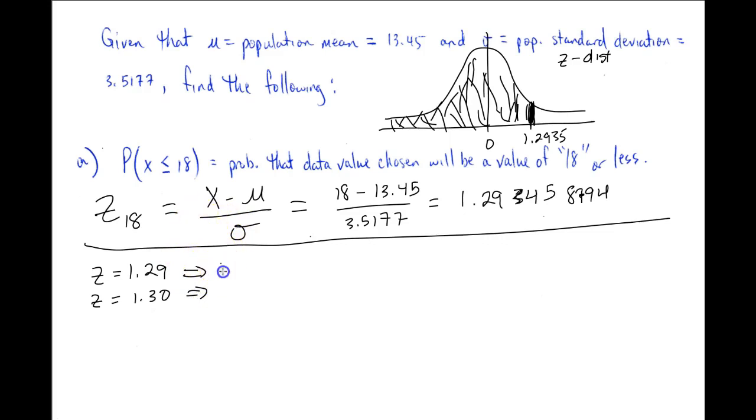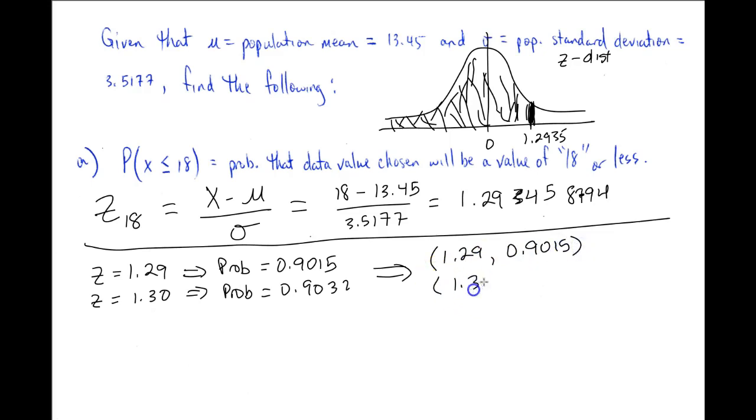We know that this z-score corresponds to a probability of 0.9015, and this other one corresponds to a probability of 0.9032. And get those looking correct. So, of course, this means that we have the points 1.29, 0.9015 on a graph, and 1.30, 0.9032. Okay.